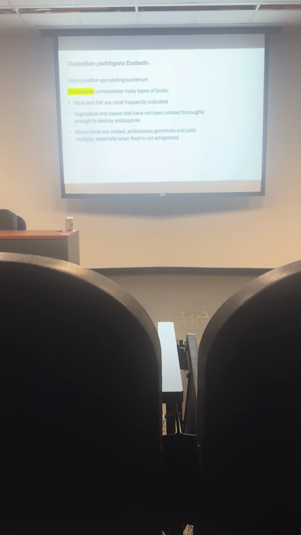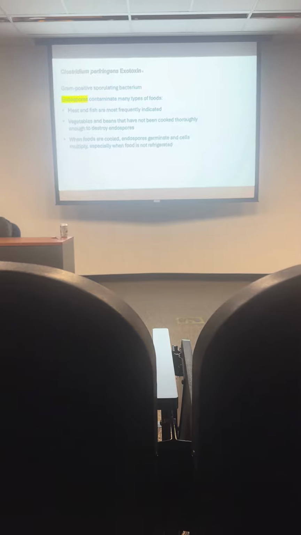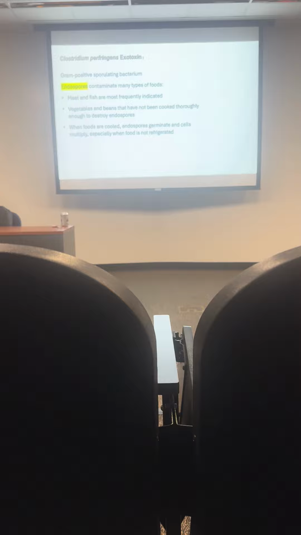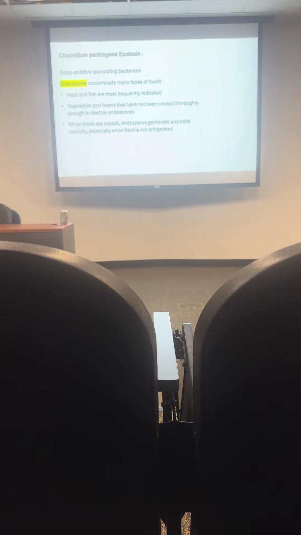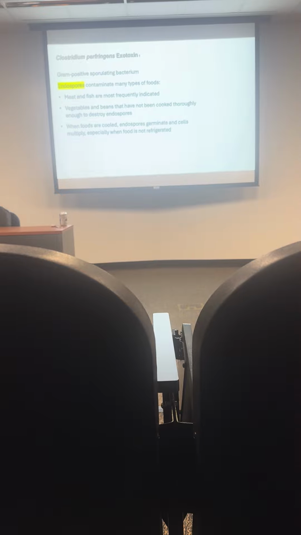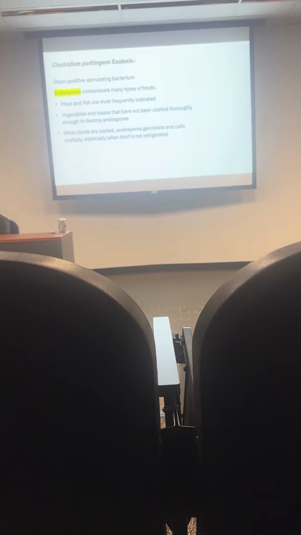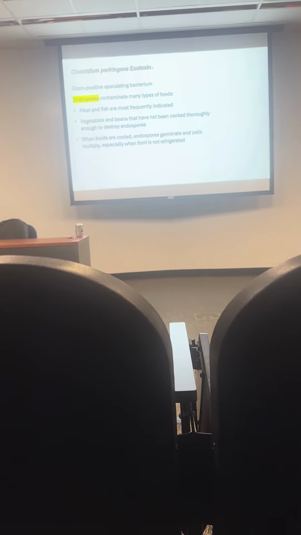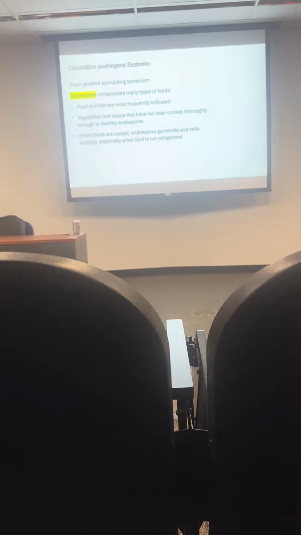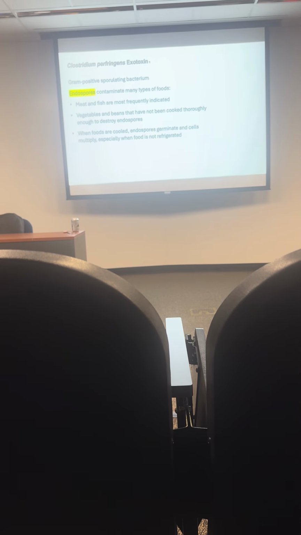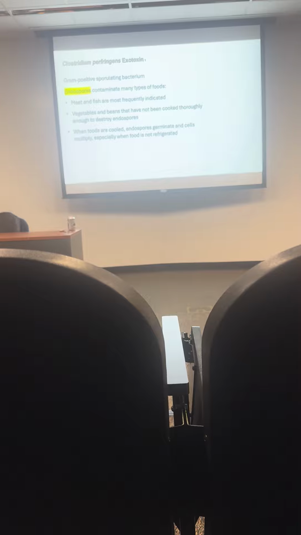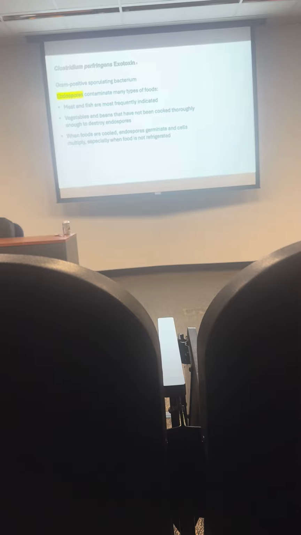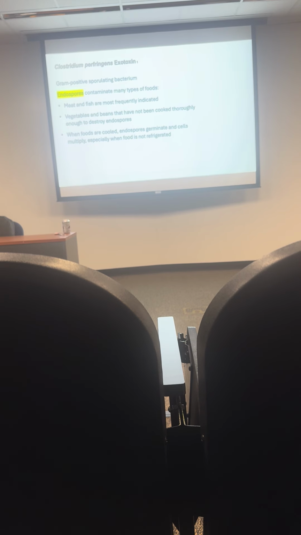The endospores from Clostridium contaminate many types of food, for example meat and fish, which are most frequently indicated. Endospores can also be found in vegetables and beans that have not been cooked properly or thoroughly.